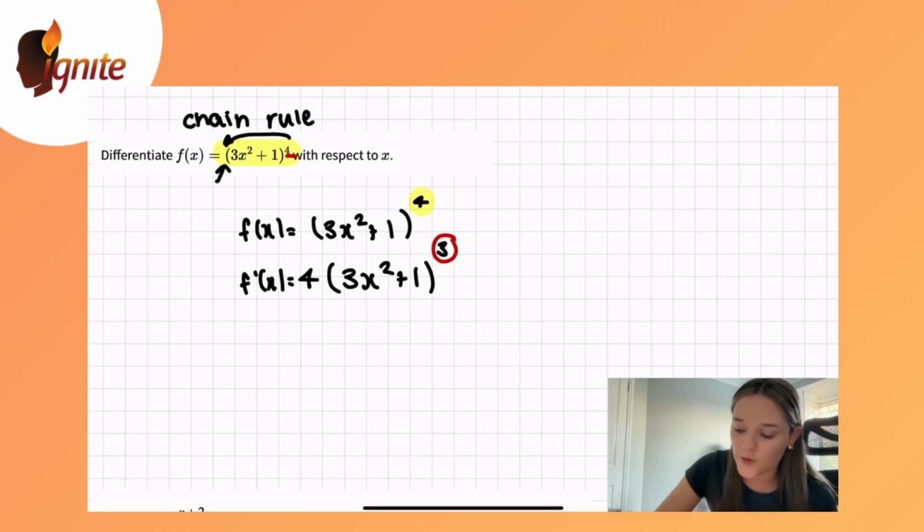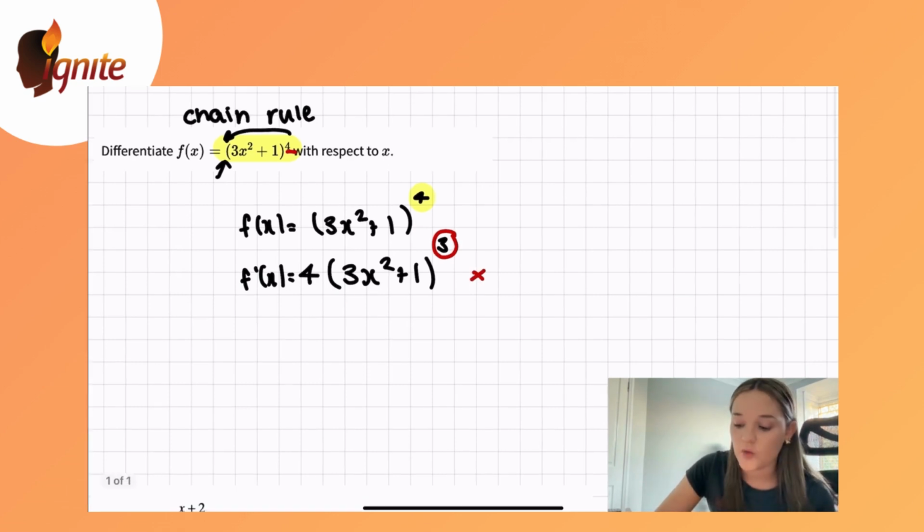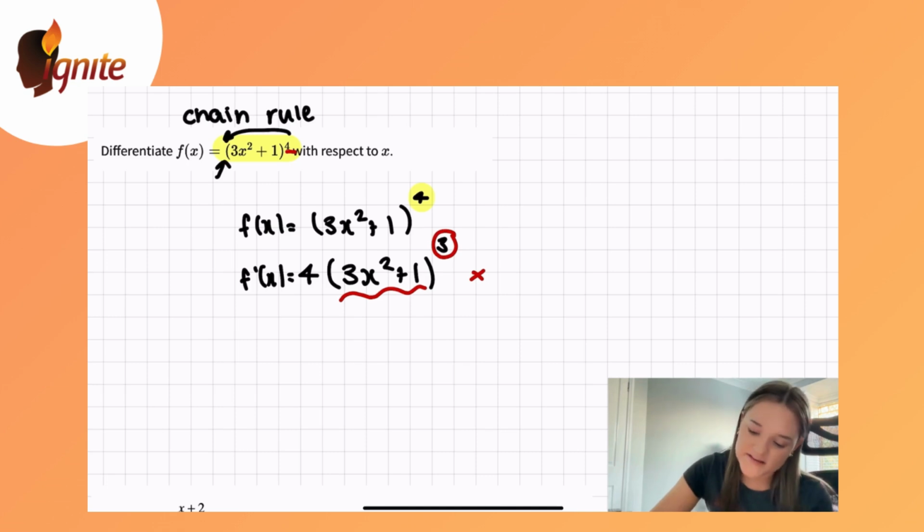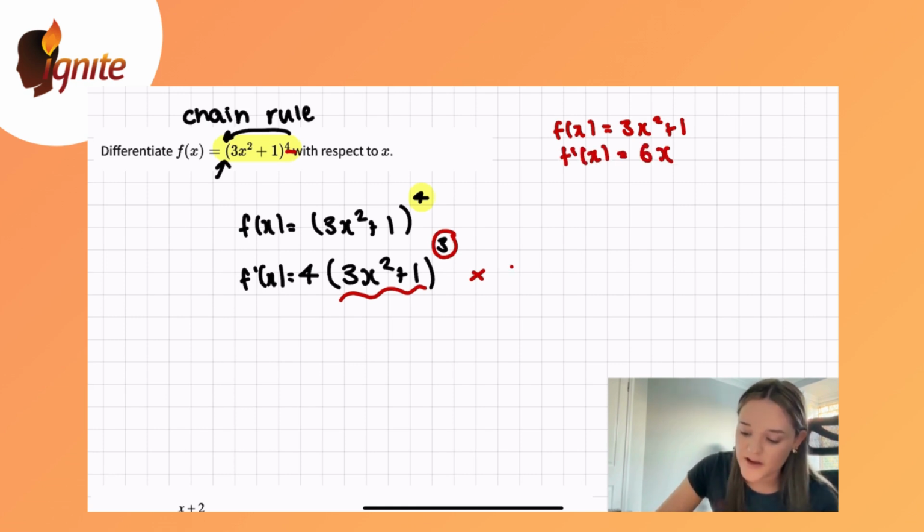Then what's super important is that we need to times it by the derivative of what's in your brackets. If I make a new f of x equal to 3x squared plus 1, my new derivative is going to be 6x. So I want to make sure that I'm timesing this by 6x.